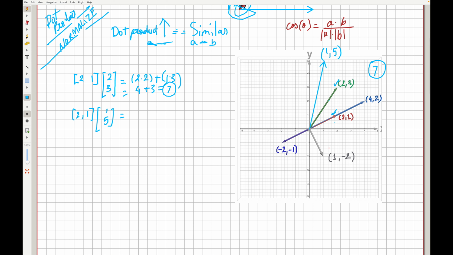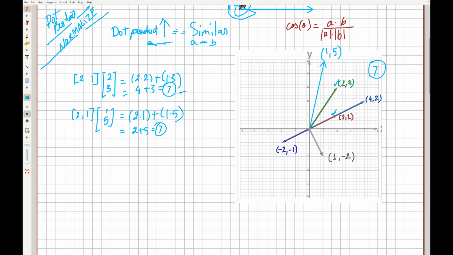It is farther away from the red arrow, but it is of larger magnitude. It's a longer arrow, as we see. Now if we take a dot product of this, we have 2 times 1 plus 1 times 5, and the dot product is the same, so we get a 7.